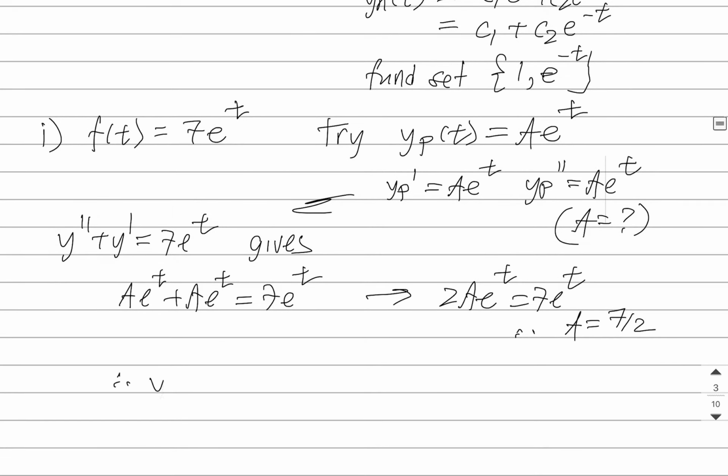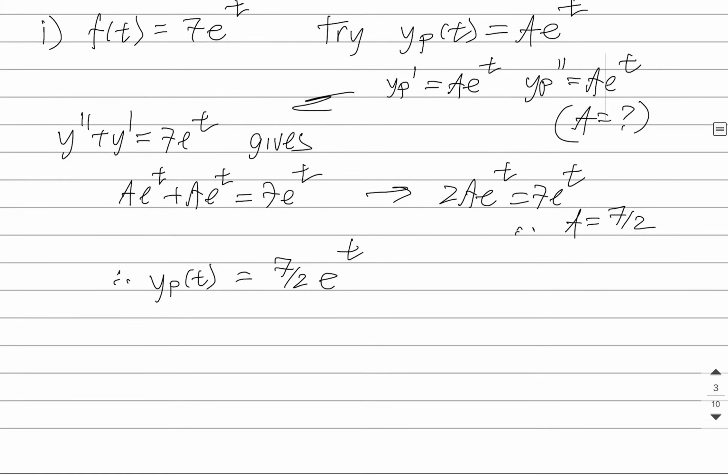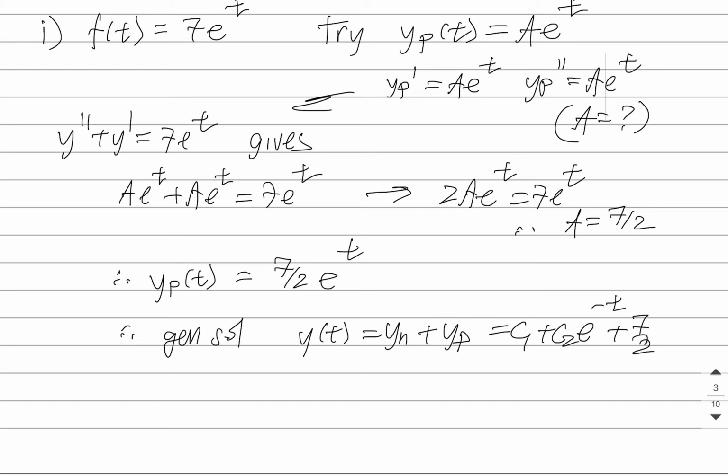And that means that the particular solution would be 7 over 2 e to the t. The general solution would then be a combination of the homogeneous part and the particular part. So it would be c1 plus c2 e to the minus t plus 7 halves e to the t.